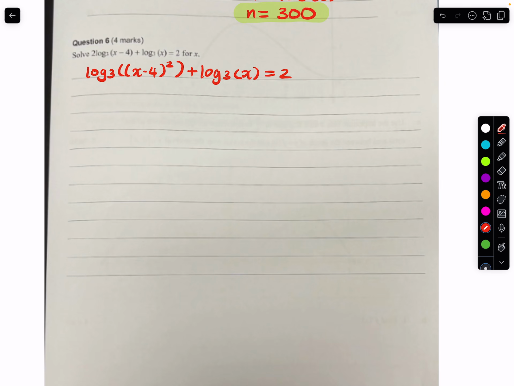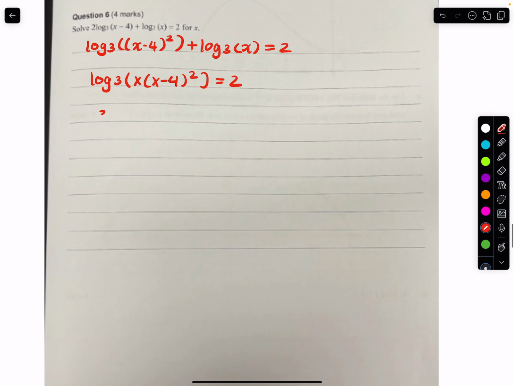What happens when two logs add? They multiply. The insides multiply. So it'll be log 3 of x times (x minus 4) squared equals 2. And so it'll be 3 squared, because I'm going to make this exponential. So 3 squared equals x times (x minus 4) squared. And 3 squared is 9, by the way.